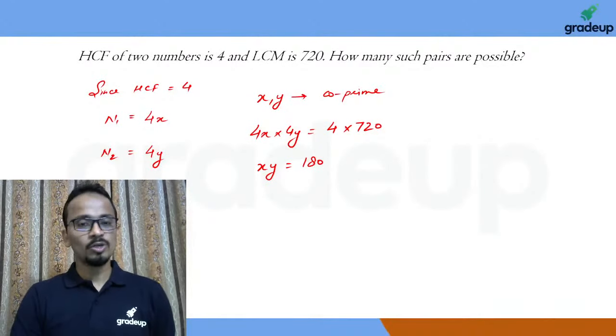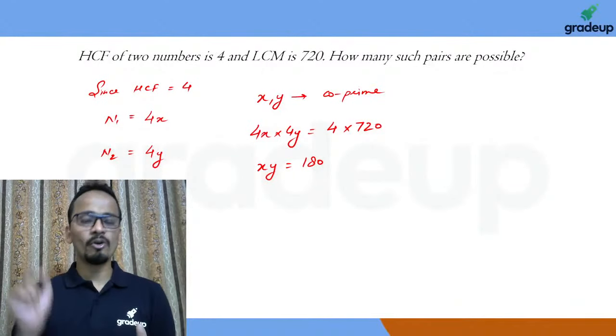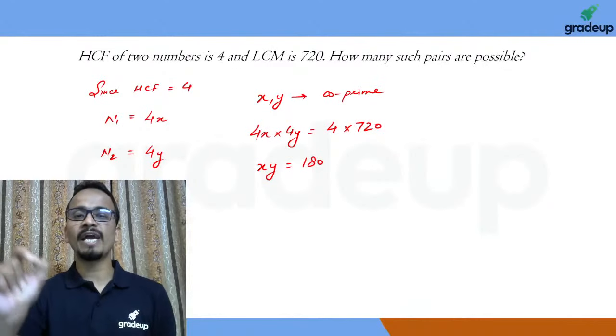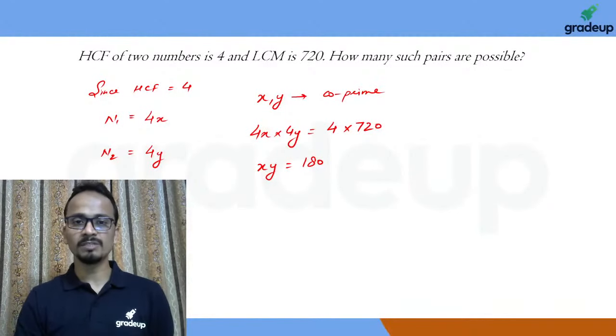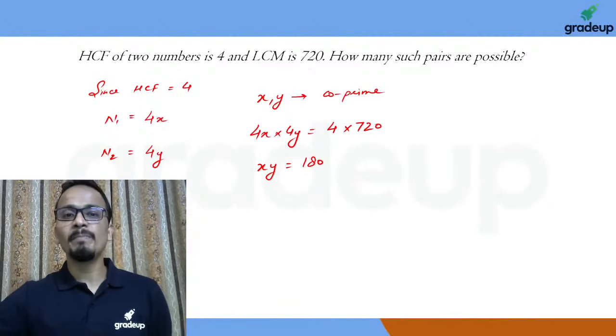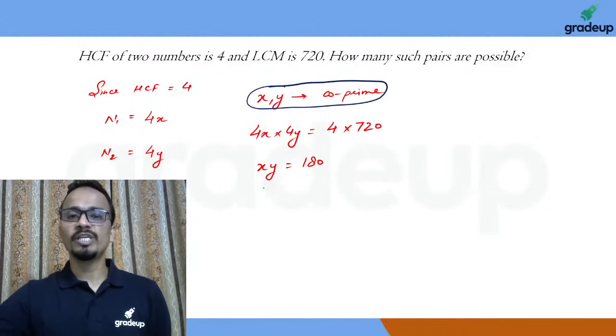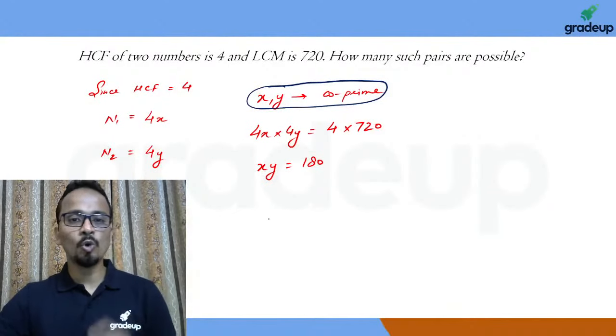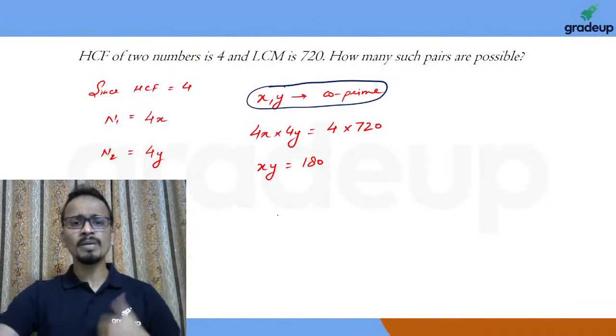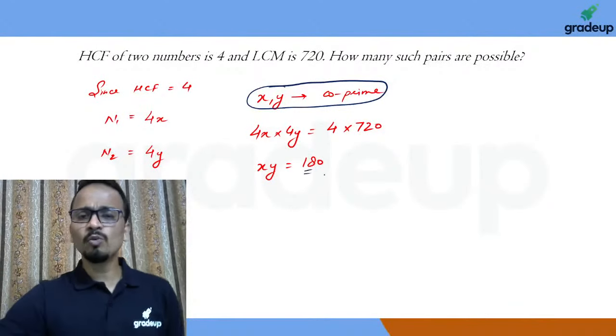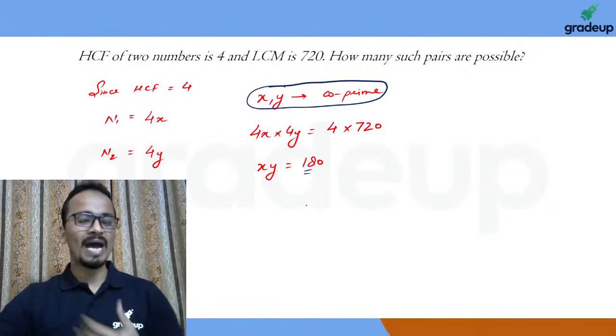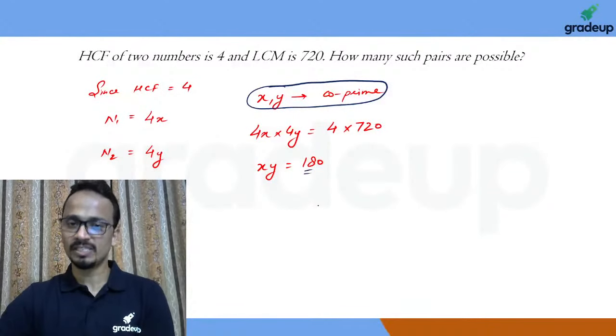The product of x and y is 180, so manually I'll write all the possible ways of writing 180 as the product of two numbers, and out of those ways, I'll select those in which x and y will be co-prime with respect to each other. But obviously the method will be very lengthy. I cannot manually write all the possible ways. I can do that, but definitely it will take a lot of time.